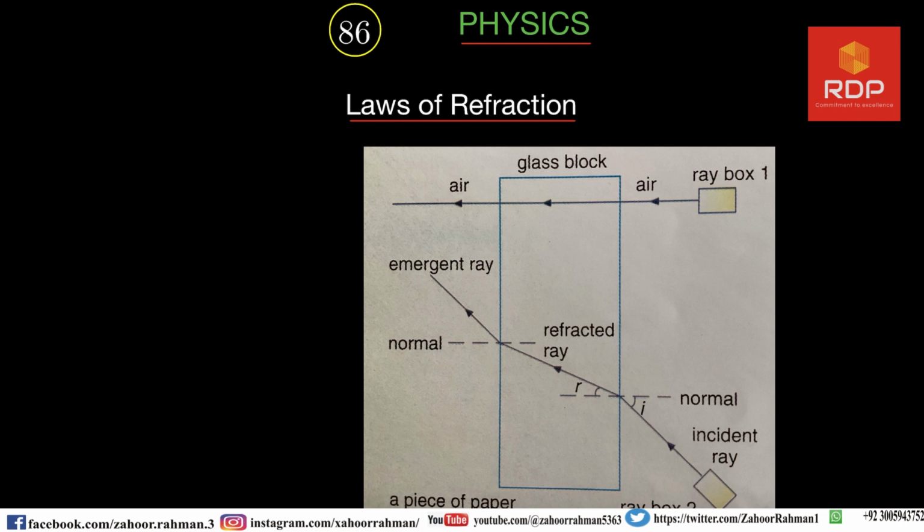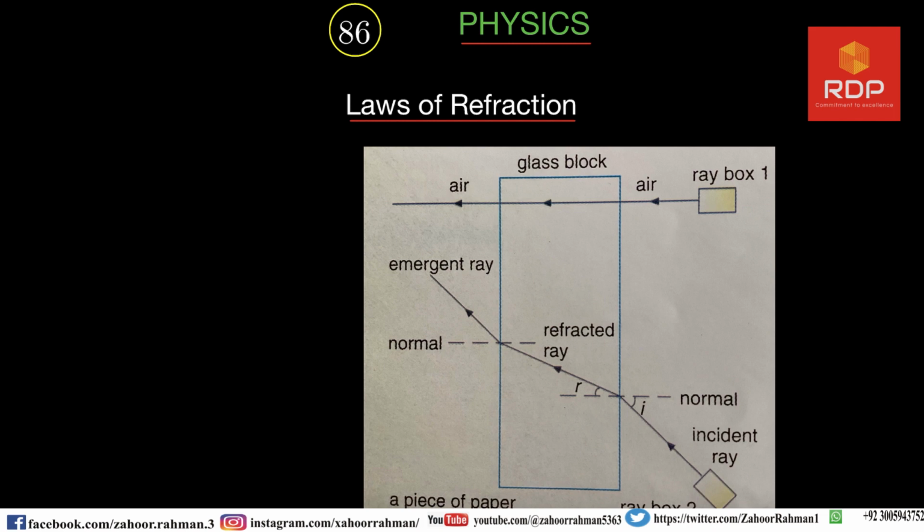In the first case, ray box 1 sends a light ray incident perpendicular to the normal, and it passes without any deviation. So, in case of incident rays perpendicular to the normal, there will be no deviation and no refraction of light will be observed.